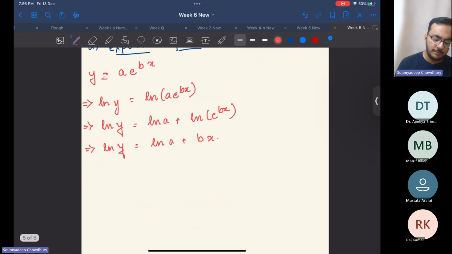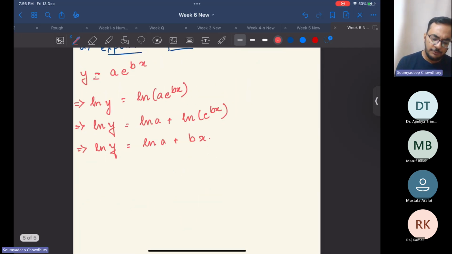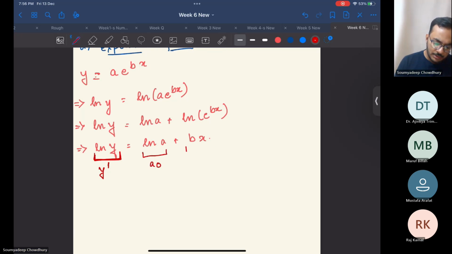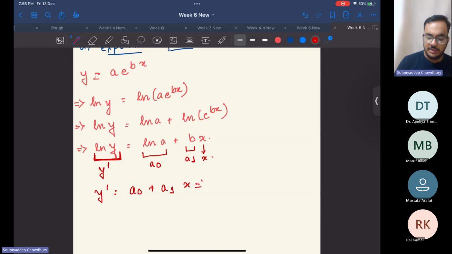If we change our dependent variable from y to ln y, let it be the new dependent variable y dash. This is my a0, this is my a1, and this is my independent variable x. So now we can write it as y dash equals a0 plus a1x. So this is a linear relationship, right?